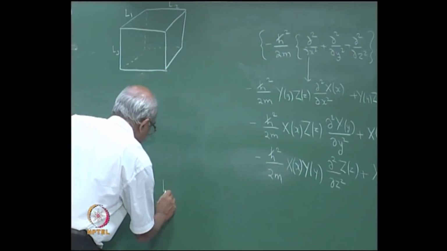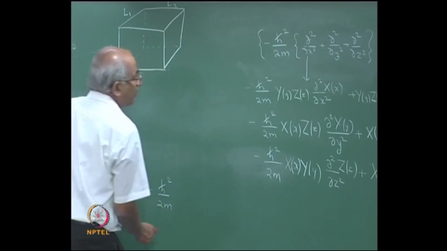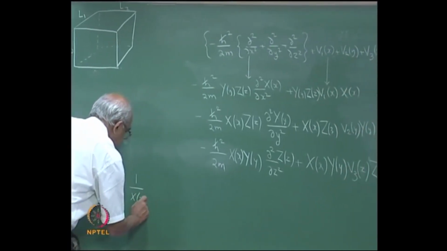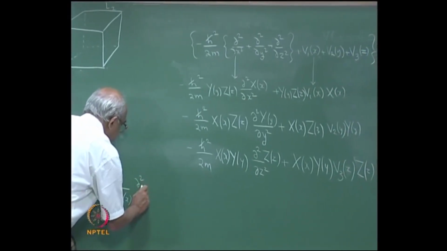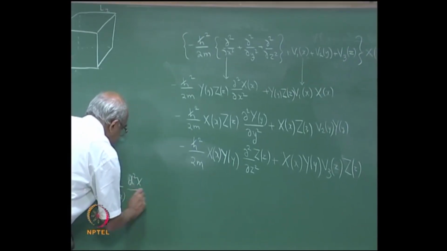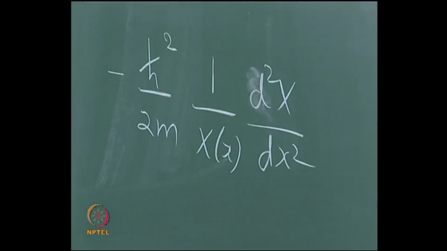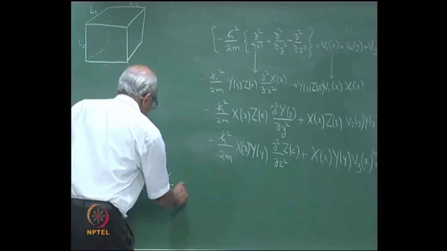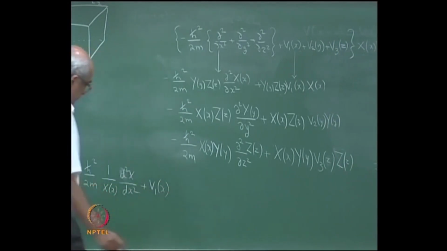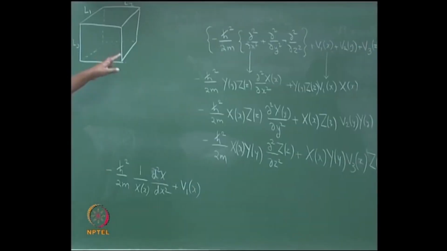You are going to have minus h cross square divided by 2m, 1 by capital X of x, d square capital X of x divided by dx square, that is coming from this one, plus the next term actually happens to be V1 of x. That is all that you have from the first two terms.